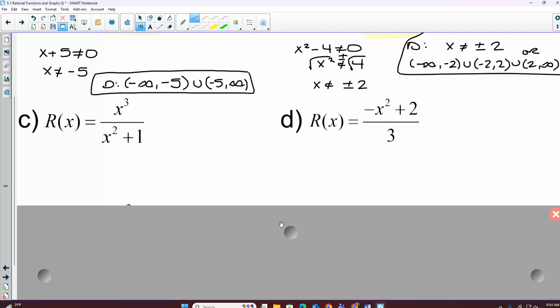So look at C. So in a fraction, bottom can't be 0, so x squared can't be negative 1. Square root plus and minus, so x cannot equal plus and minus what?